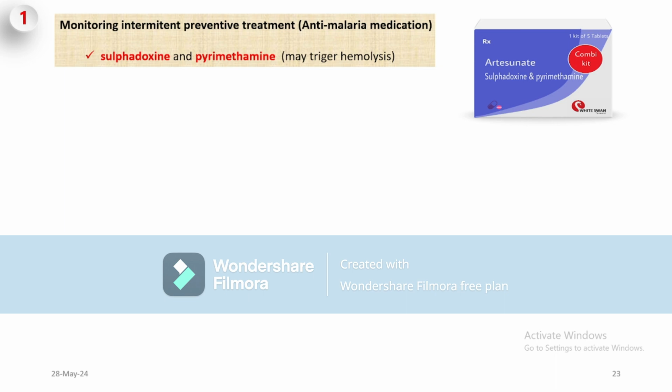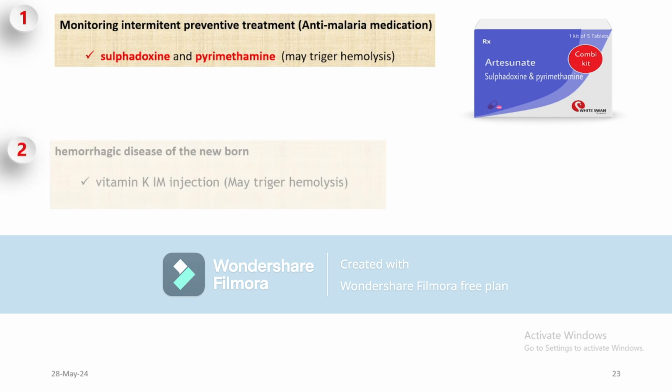That is why it is part of the routine for all pregnant women to come to the lab to check for G6PD level before they are given these drugs. Another one is hemorrhagic disease of the newborn. You know, when neonates or babies are born, they don't have a matured liver, and so there are some clotting factors that depend on vitamin K for their production.